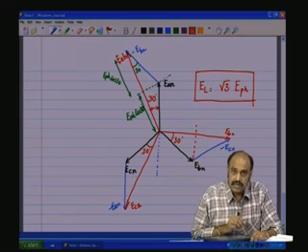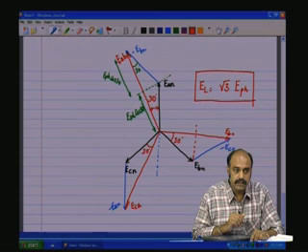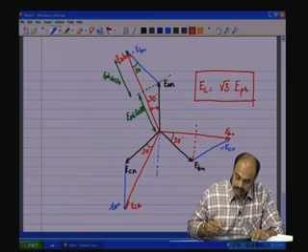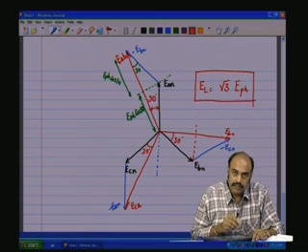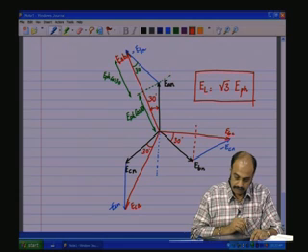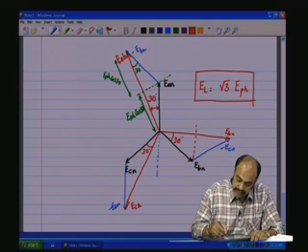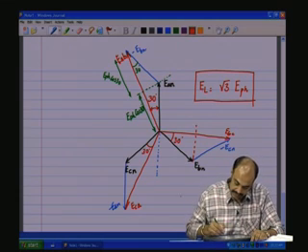Now, in the case of the star circuit, what is the relationship between the line currents and the phase currents? Likewise, let us give similar symbols for the line currents.